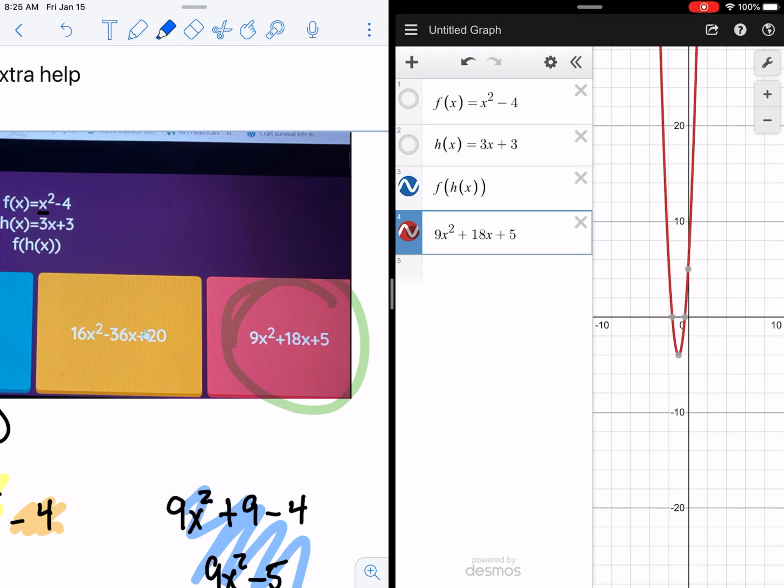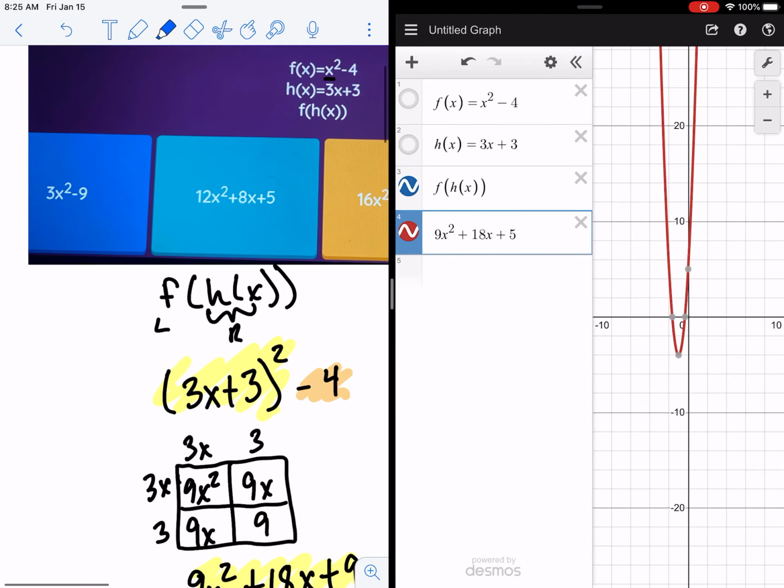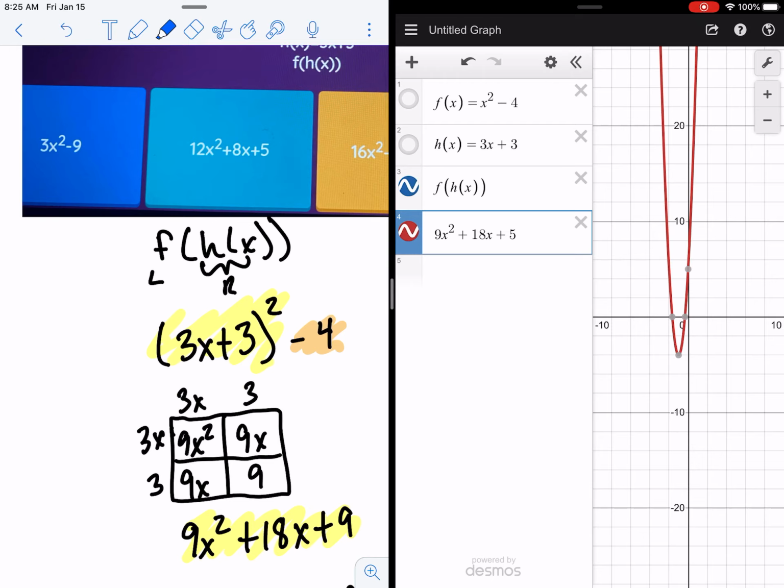So that's how I like to do it, because you can make the mistake here, right? You can misinterpret what this squared or how you square this. If you mess up there, your concept of plugging the function into the other function was correct, but you messed up algebraically.